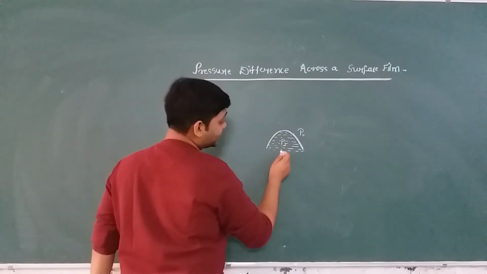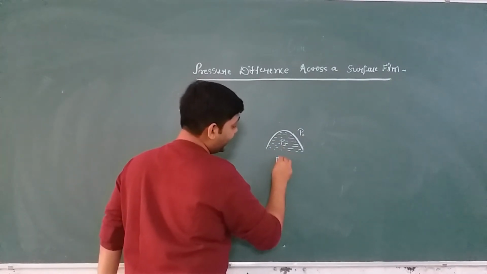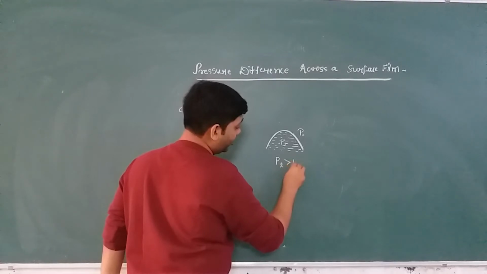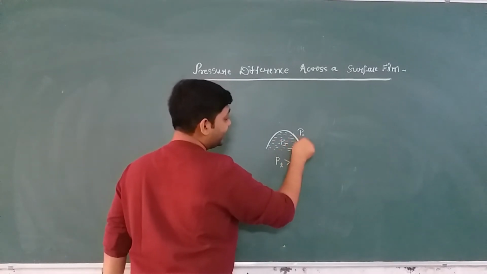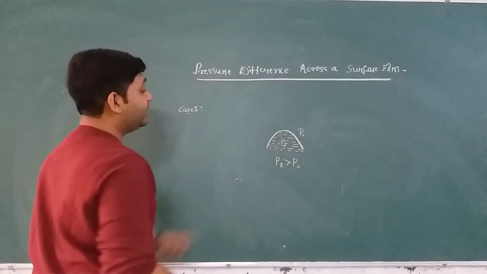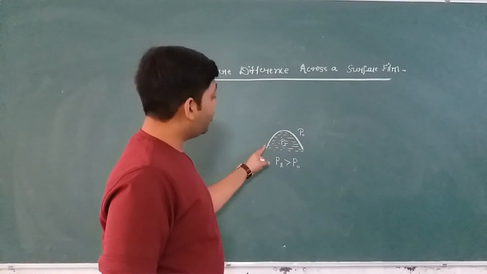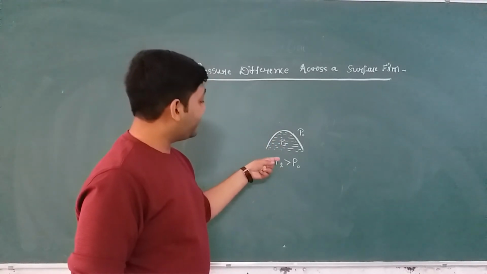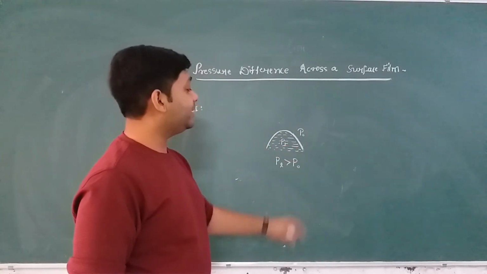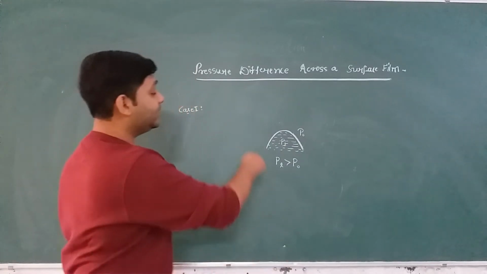So from this discussion we must have Pl greater than P naught. Here the pressure of the liquid must be greater than the pressure outside it for the molecules present on the surface to be in equilibrium. The pressure of the liquid must be greater than the pressure outside the surface.